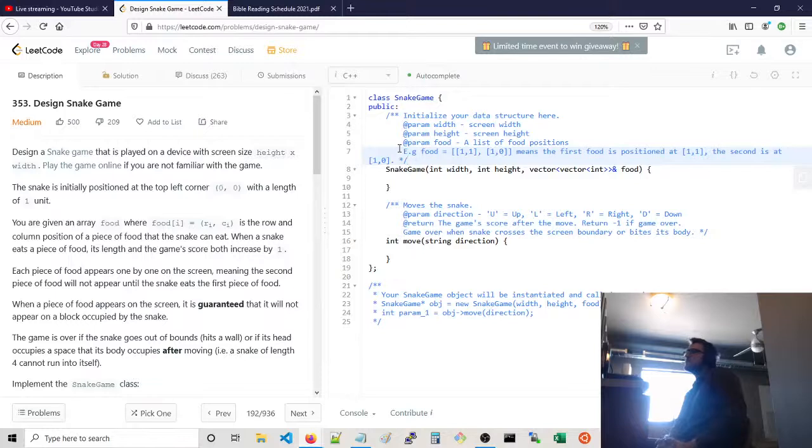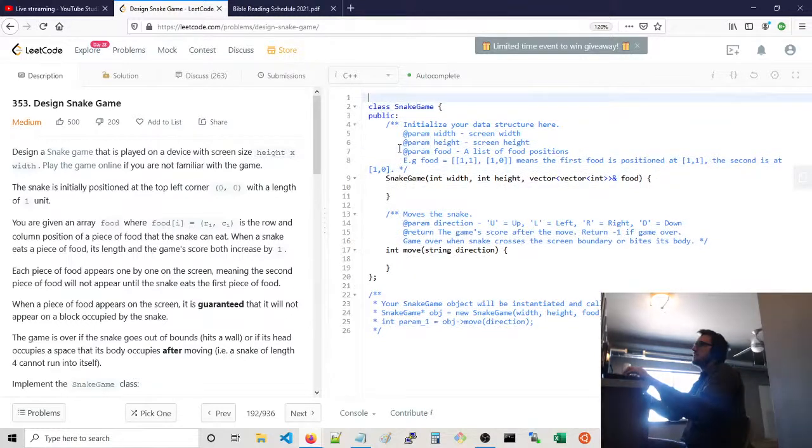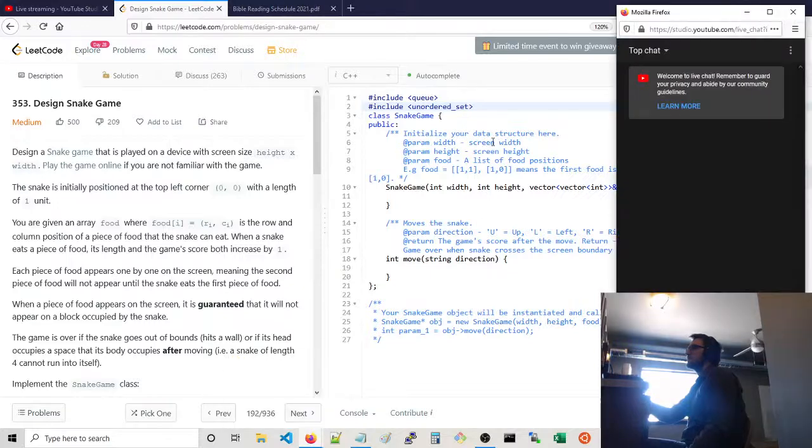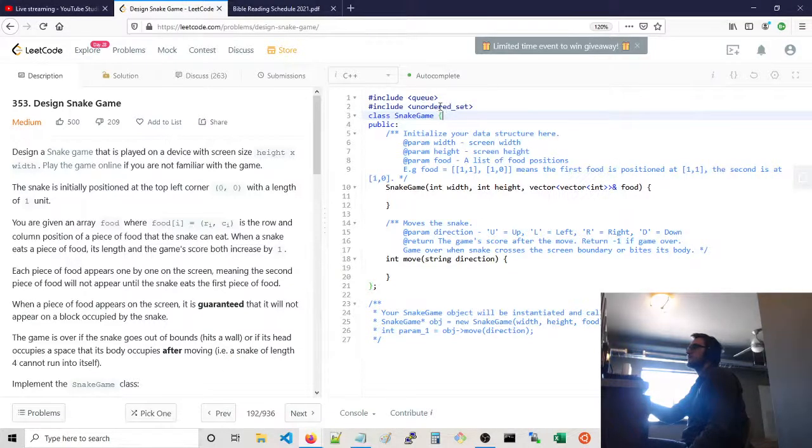So you can use a queue and an unordered set to efficiently maintain the movements of the position of the snake.